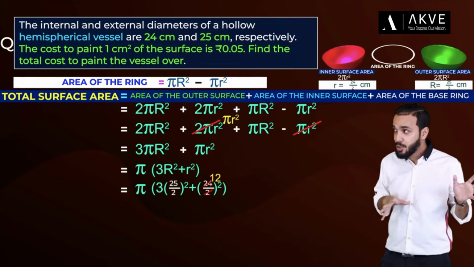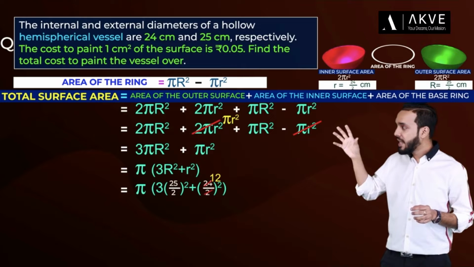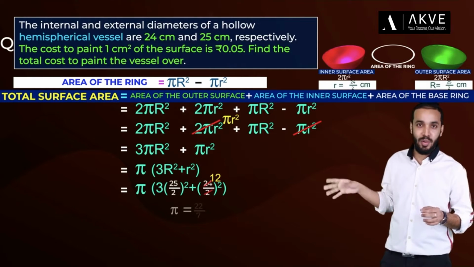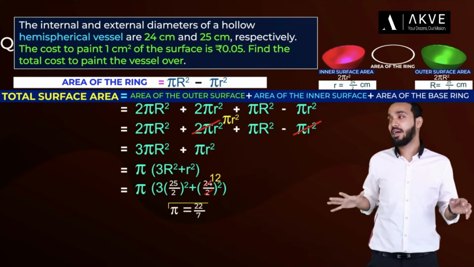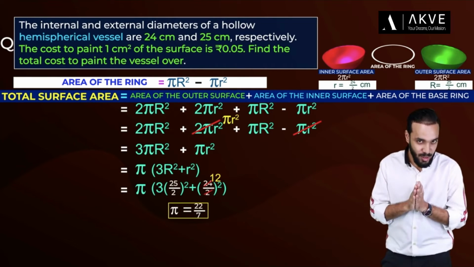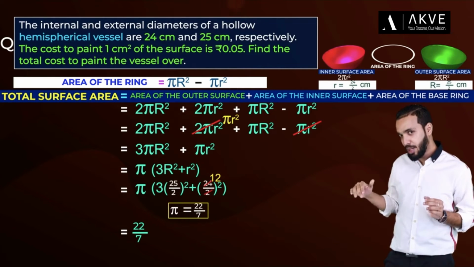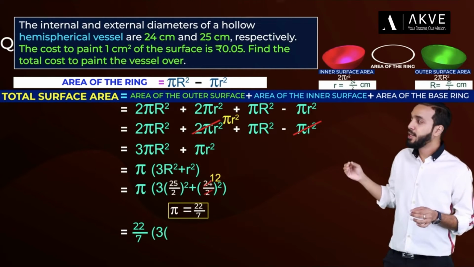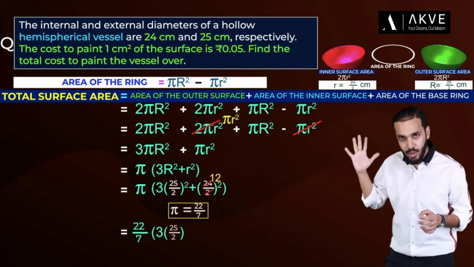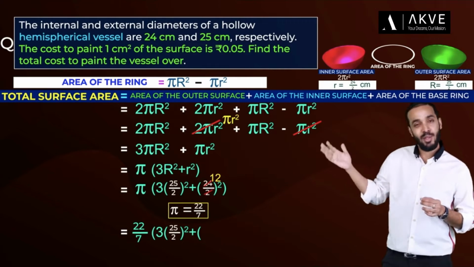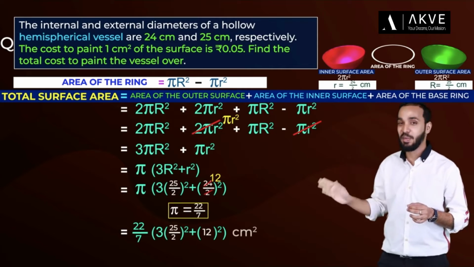So, on substituting these values and then using pi is equal to 22 by 7, we get the required area is equal to 22 by 7 into 3 into 25 by 2 whole squared plus 12 squared square centimeters.